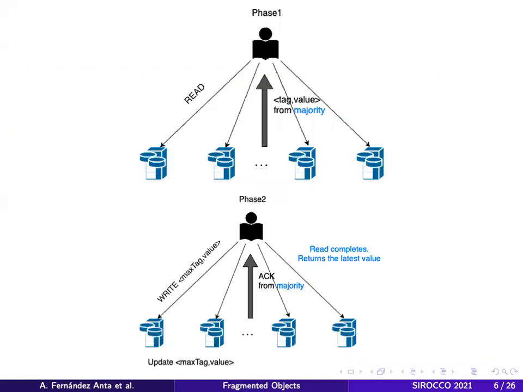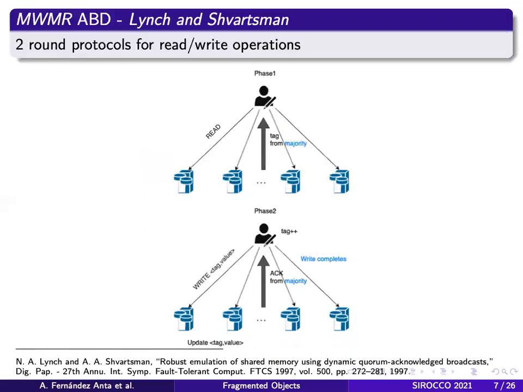The read operation has two phases. One phase to find the maximum timestamp value pair, and the second phase to propagate it to all servers. The read operation completes and returns the latest value. Lynch and Shvartsman proposed the multi-writer solution.